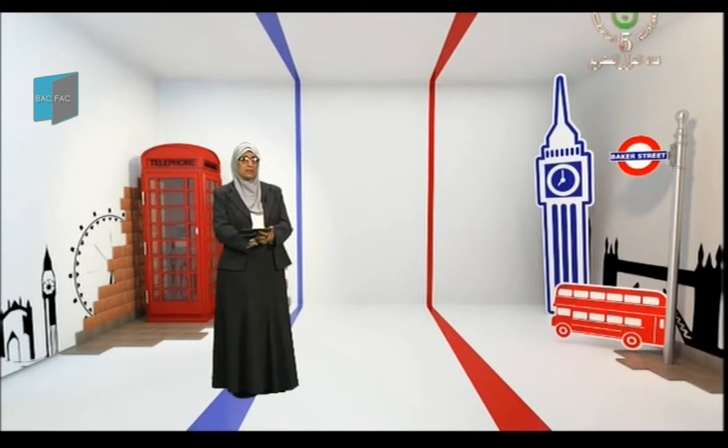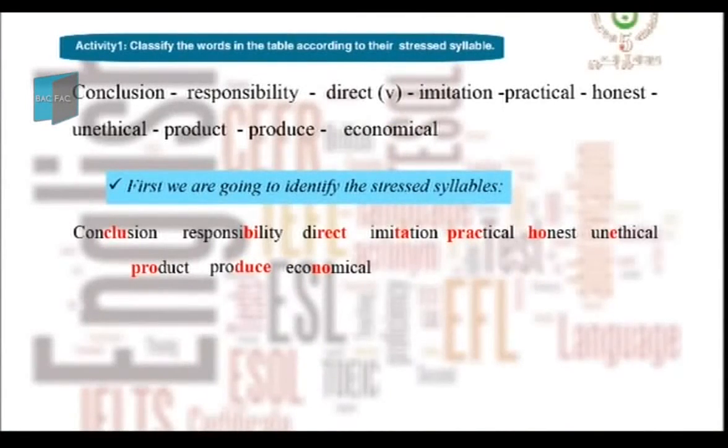Thank you, Mr. Dehmas. Let's correct. Before we classify the words in the table, let's first identify the stressed syllable. Let's start with the first word. Conclusion, right? Second one. Responsibility. Direct, the verb to direct.